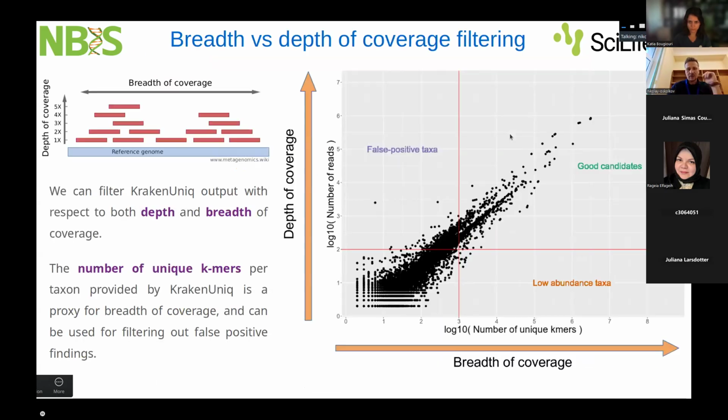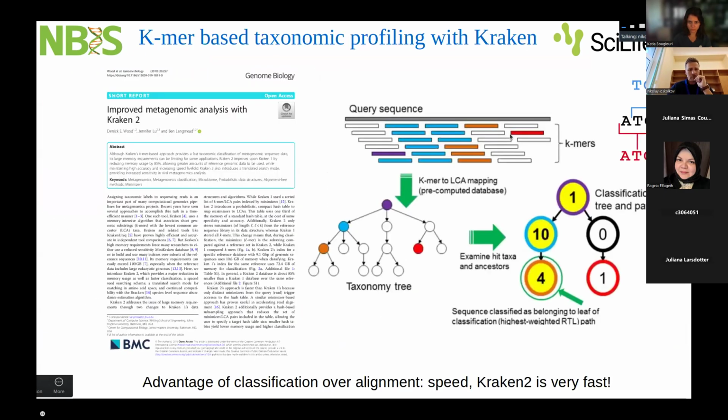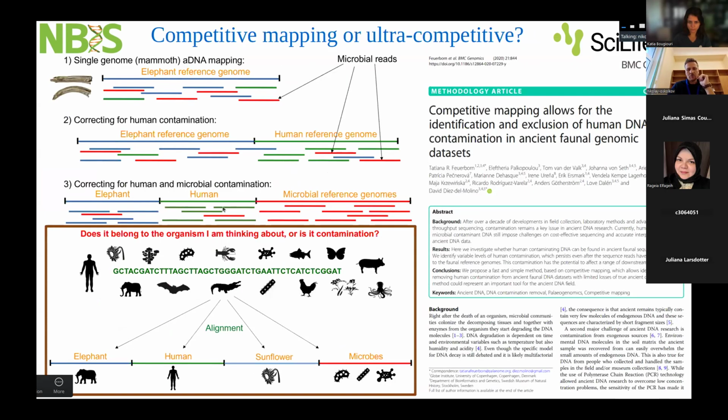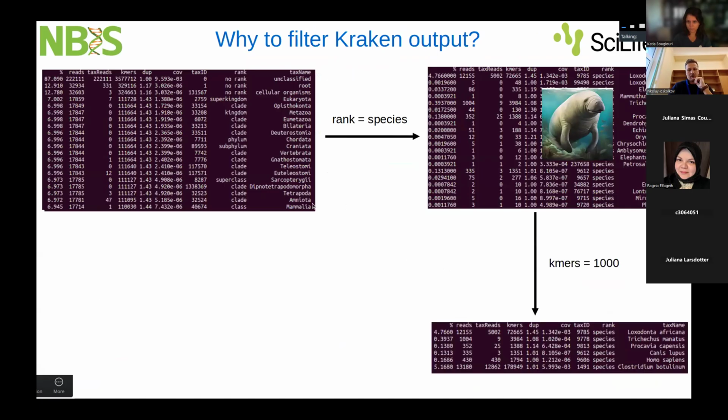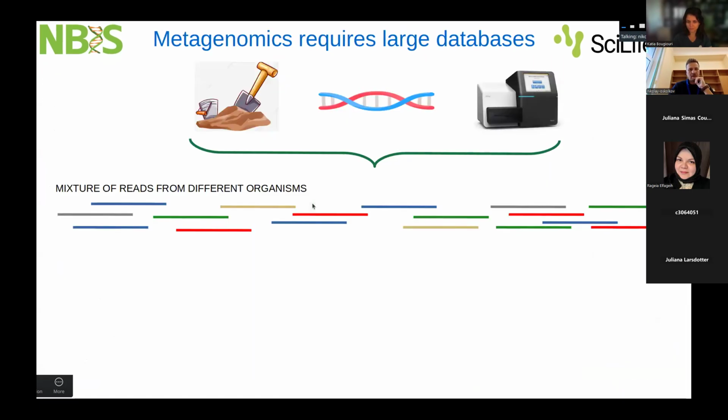That's why I'm saying that the more organisms you put here, the more accurate you are. I hope you see the point, the message. And if you happen to work with environmental ancient DNA, the situation is even more extreme.